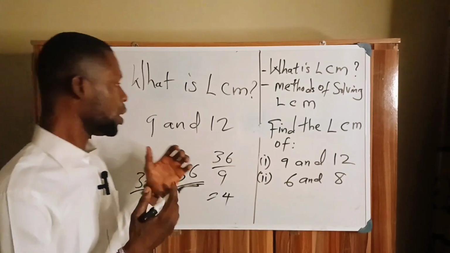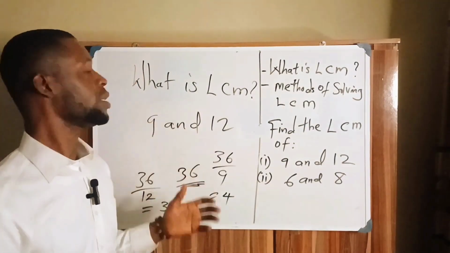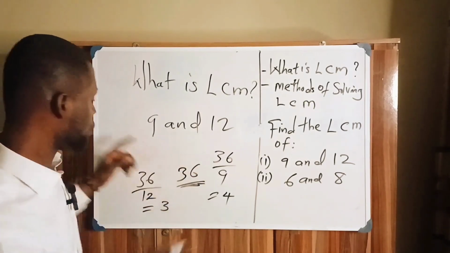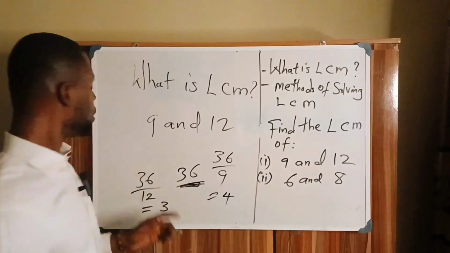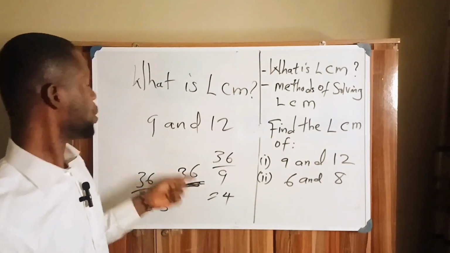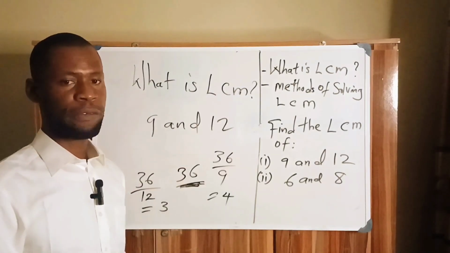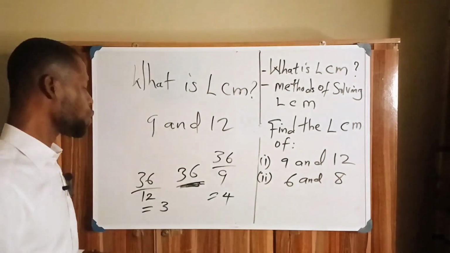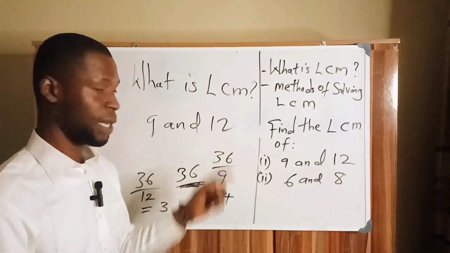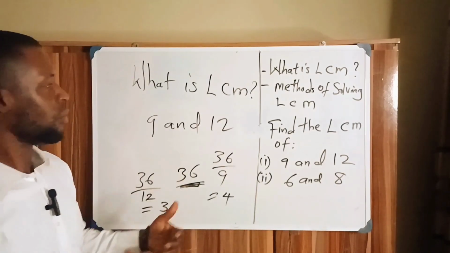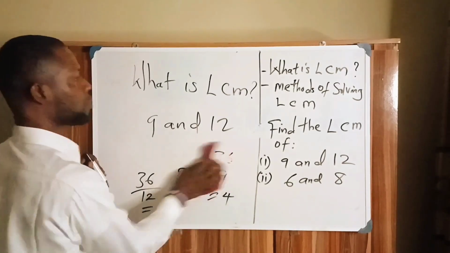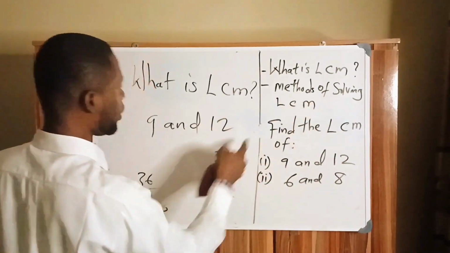So we said that LCM simply means the number that is exactly divisible by all of them, which in this case is 36, divisible by 9 and 12. So once we get this number, it simply means the LCM of 9 and 12. So how do we get this number? How do we calculate it?